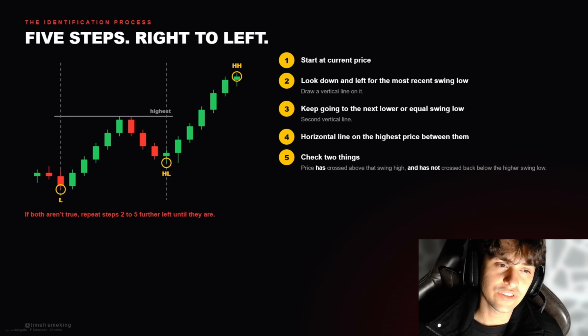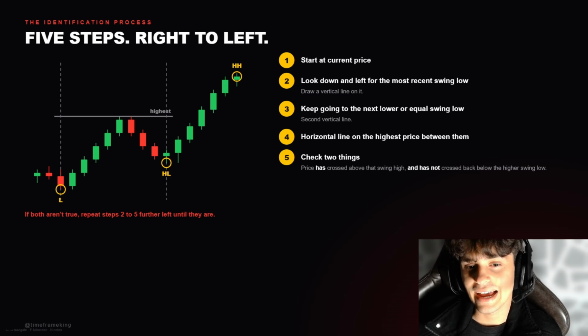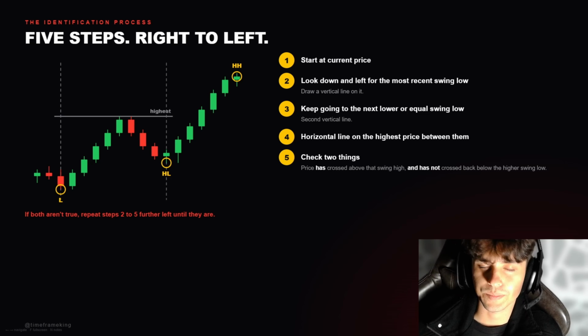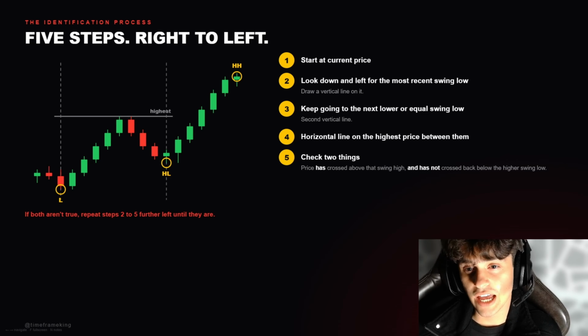After that, place a horizontal line on the highest price between those two lines. Then you check two things: has price crossed above that swing high, and has it stayed above the higher swing low? If both are true, then you have an uptrend, and that higher low is your controlling swing low. If they are not both true, just repeat the steps until they are.